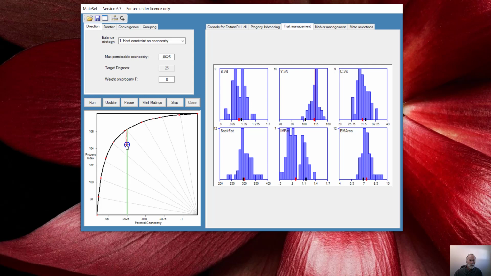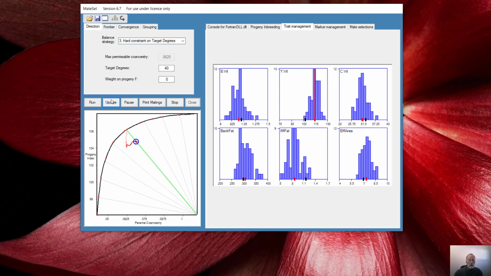Now, if instead of having that hard constraint on co-ancestry, I'd gone for a target degrees constraint of 10, 20, 30, 40. Well, let's try it. 40 degrees on a hard constraint on target degrees. And update. You'll see that even though we would have started in the same place in the frontier before bringing in this constraint, we have now compromised not just in merit, but also in genetic diversity.